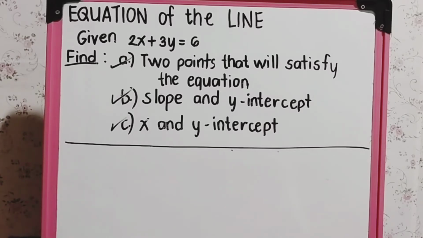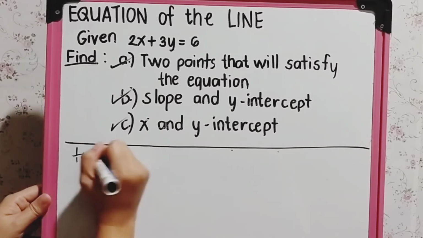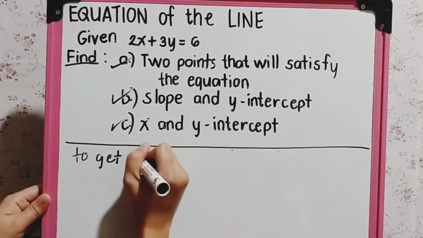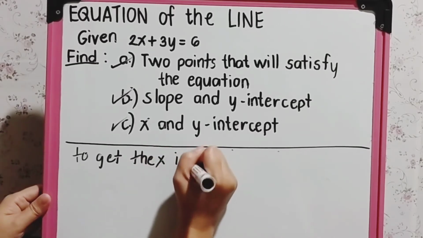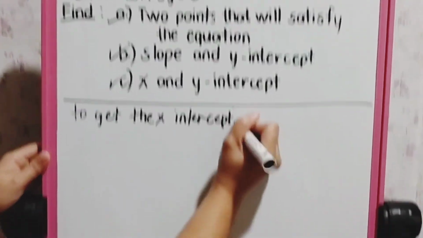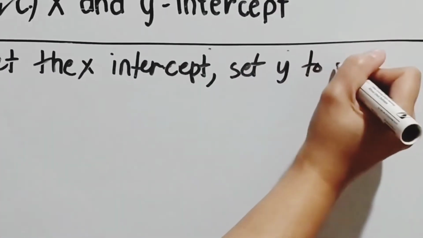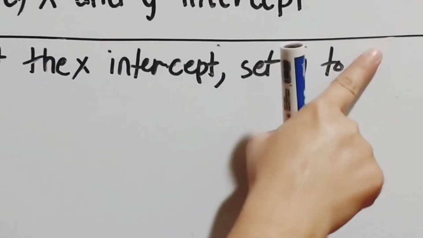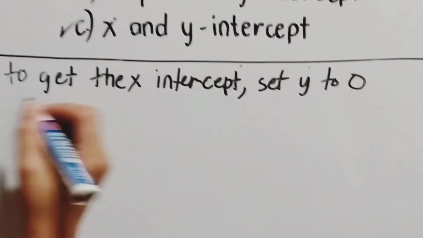So for us to get the x-intercept, all we have to do is to set y to 0. So let us do that.